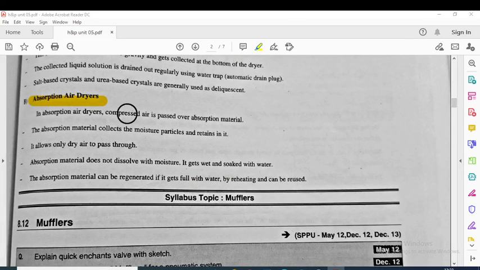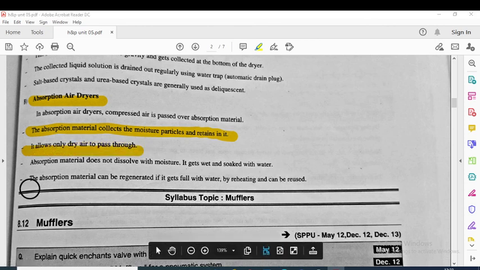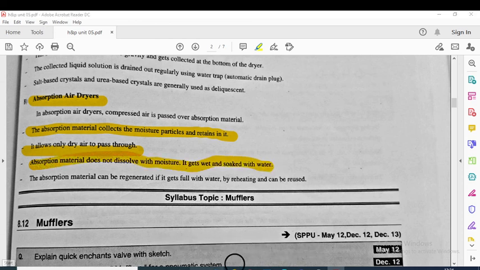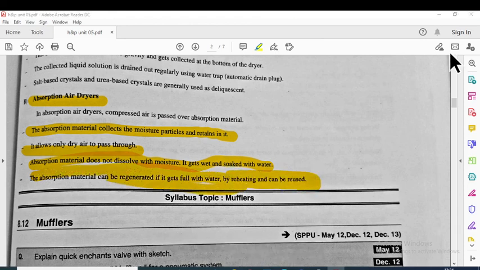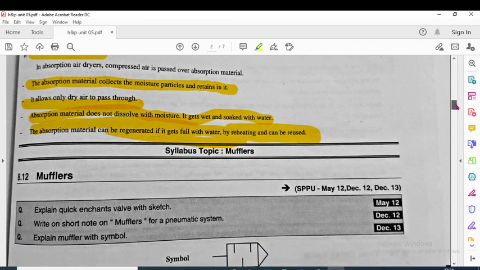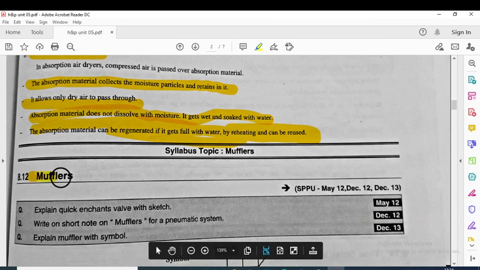In the absorption type air dryer, the absorption material collects the moisture particles and retains them. It allows only dry air to pass through. The absorption material does not dissolve with moisture or get soaked with water. The absorption material can be regenerated by reheating when it gets full of water, and can be reused. Okay. Then what is this muffler?